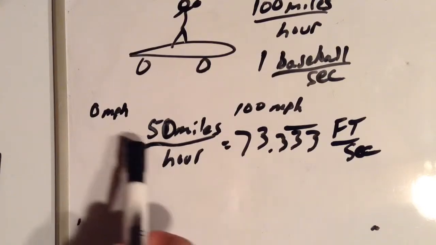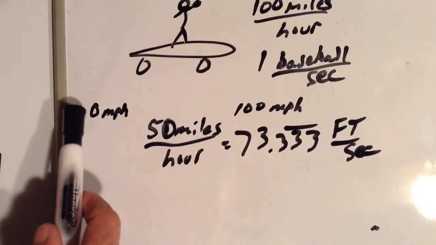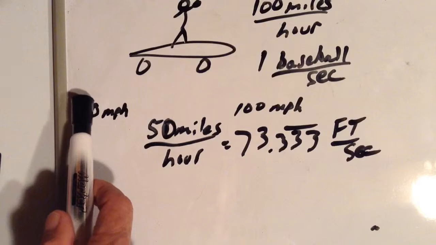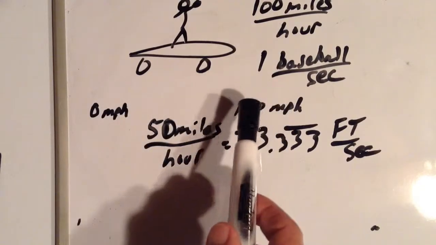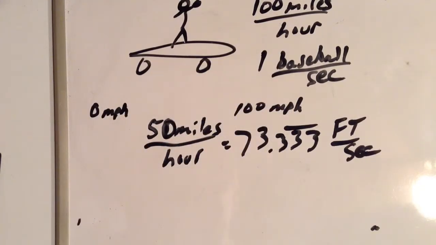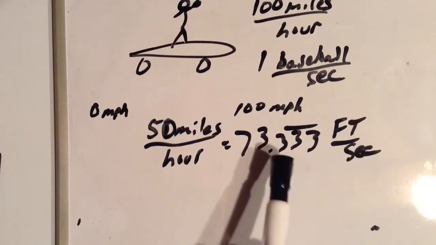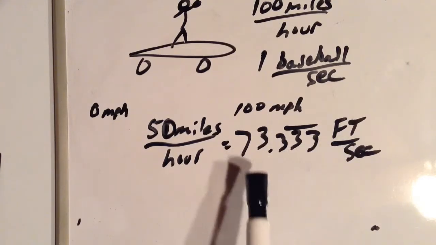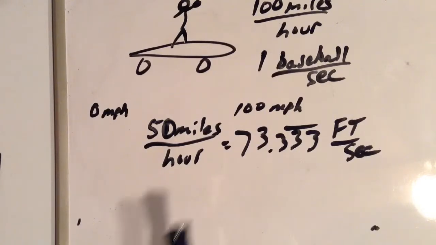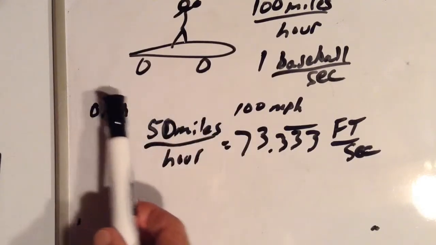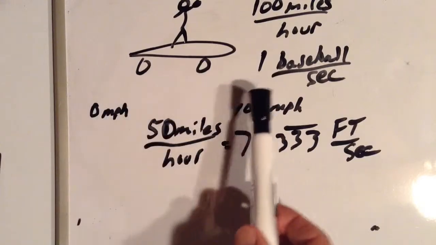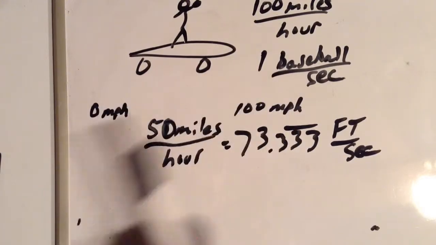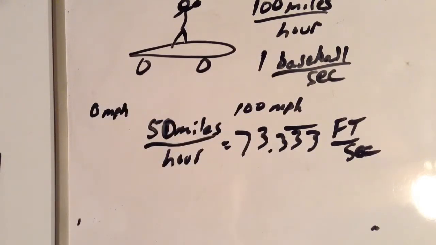That's its average speed from the time he starts pushing on it back here to the time he releases it with his hand. So if it averages 73 and a third feet per second for 1 second, he has to have 73 and a third feet of length here to accelerate that ball to 100 miles per hour.